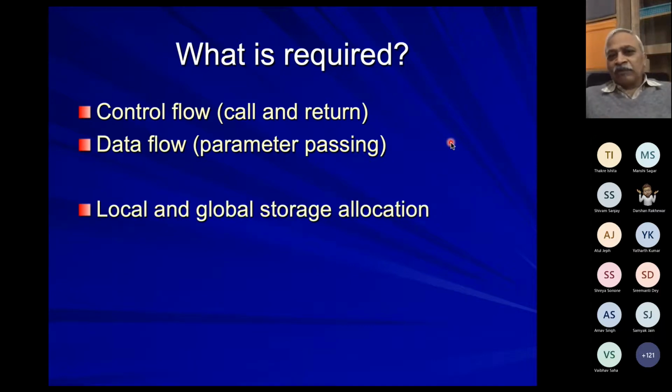Apart from that, you need local and global storage allocation. That means the procedure should be able to look at some data structures which are local to it and different from what main would use. So there is a question of storage allocation which is exclusive for each procedure. There may be a need for something like that.